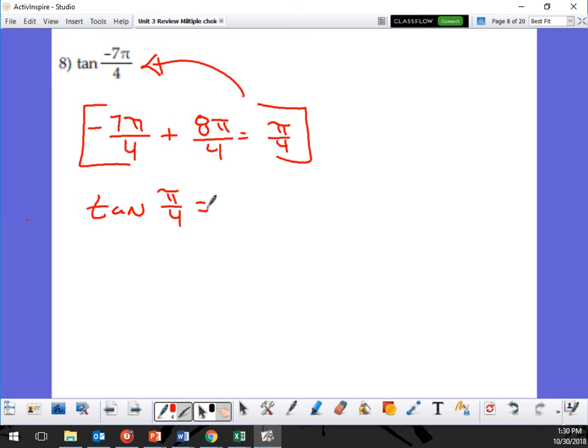Good. So, tangent is y over x. What is the y value? Rad 2 over 2. What is the x value? Rad 2 over 2. So, do I have the same on top and bottom? Yeah. So that means I'm going to come up with 1. So what is my answer?